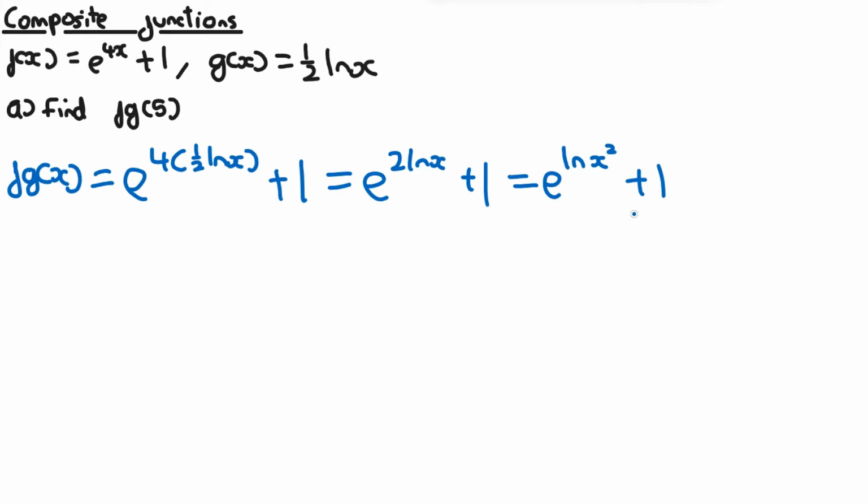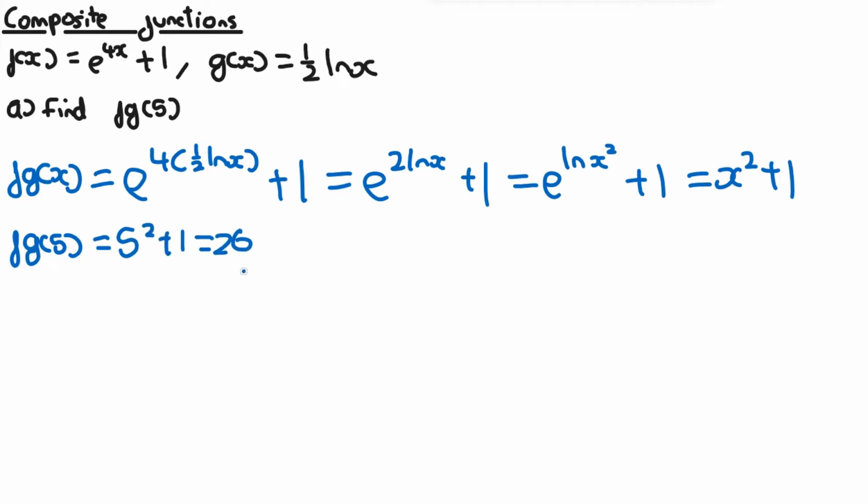And then if you recall back to the laws of logarithm video, when we have e to the power of the natural log of x squared, this would just be equal to x squared plus 1. So fg of x is equal to x squared plus 1. So that means that fg of 5 is equal to, and we sub 5 in as x, so it's going to be equal to 5 squared plus 1, which is equal to 26.